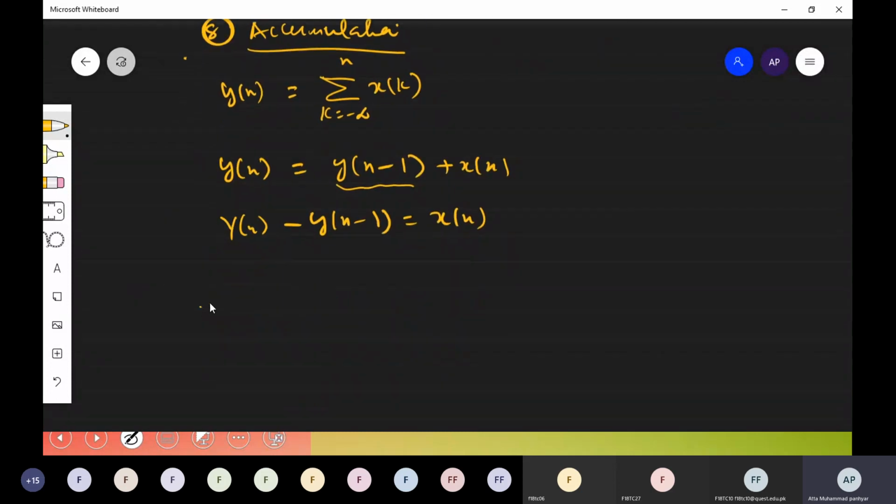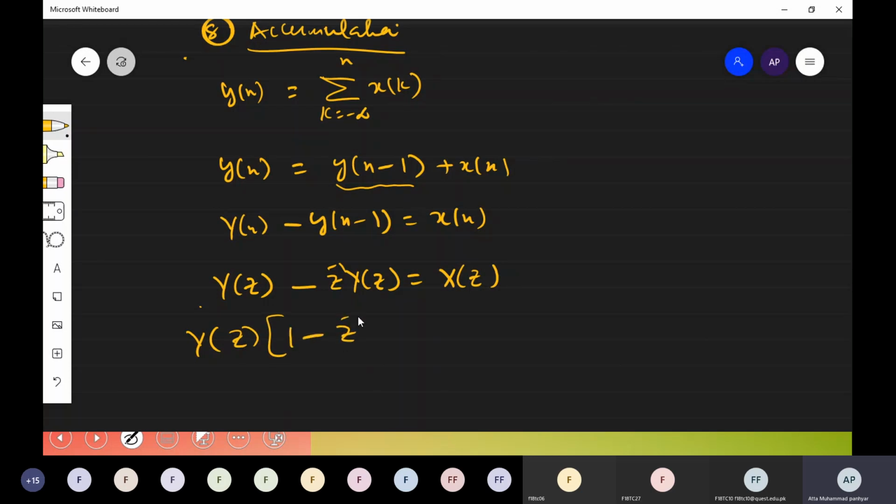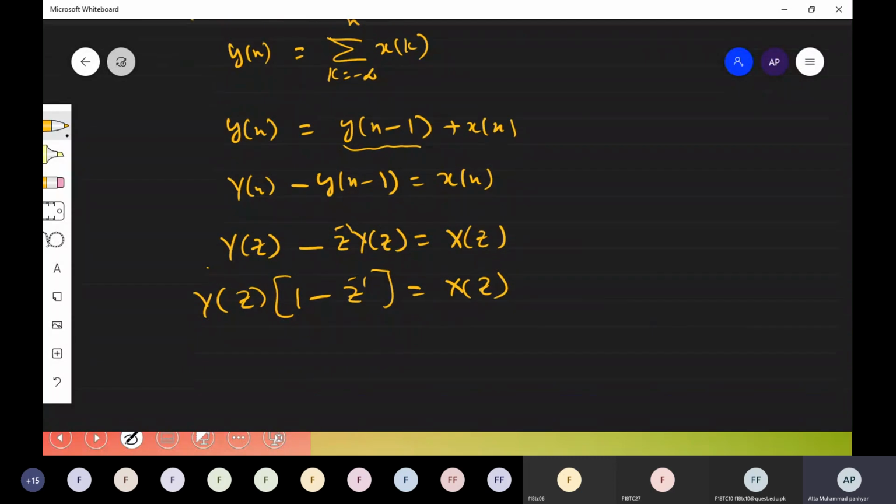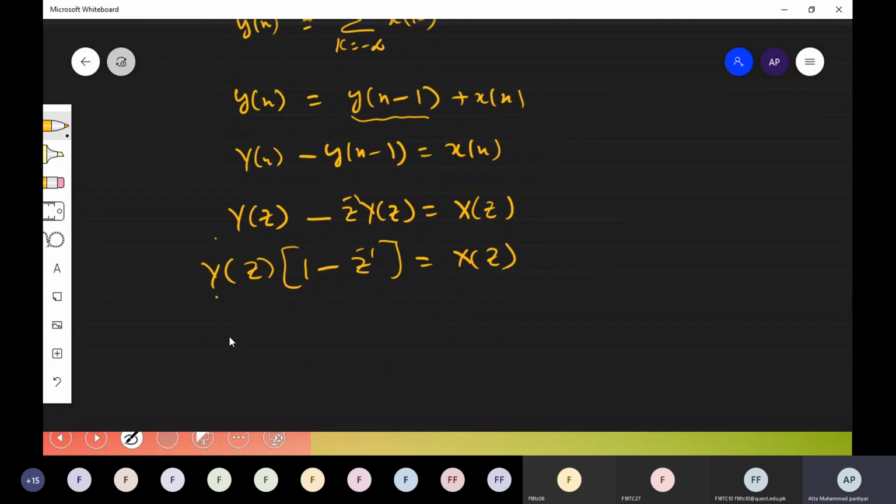Taking the z transform, what we end up with is Y of z minus z inverse Y of z is equal to X of z. Now taking Y of z common, what we are left with is (1 minus z inverse) Y of z equals X of z, right? Then our Y of z must be equal to X of z times 1 over (1 minus z inverse), right?